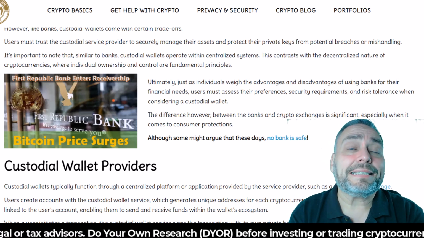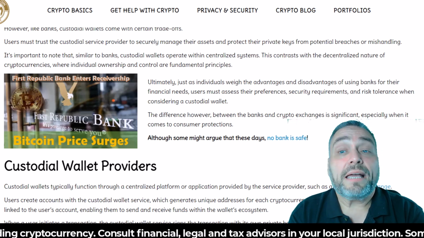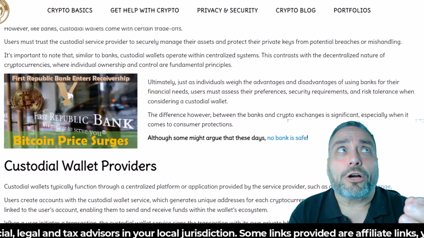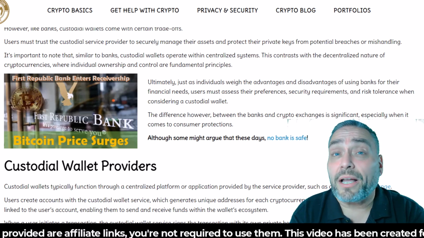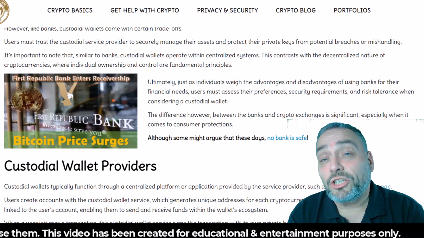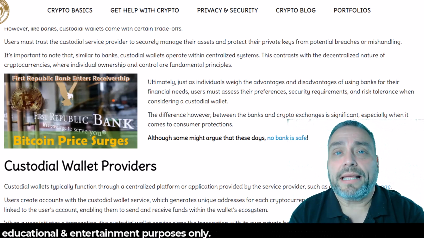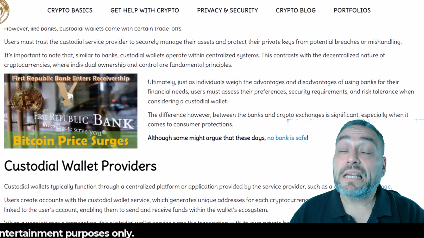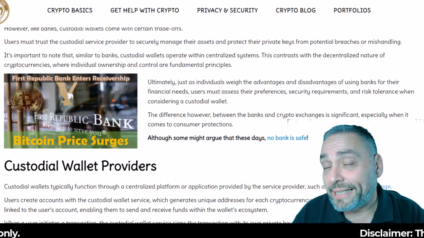Remember that these custodial wallets, like banks, are a centralized system. Because of that, they are subject to laws and demands from the government. Your money in the bank is nothing more than an IOU. Until you go to the bank and physically take paper fiat into your hands, that money is nothing more than an IOU. The same is true with a custodial wallet on a cryptocurrency exchange.